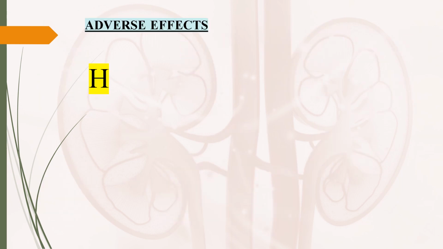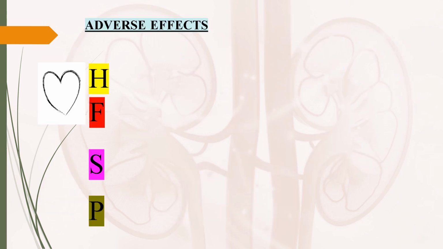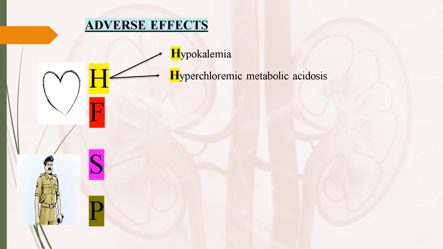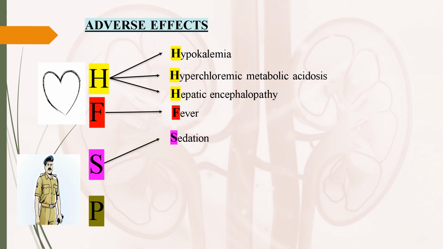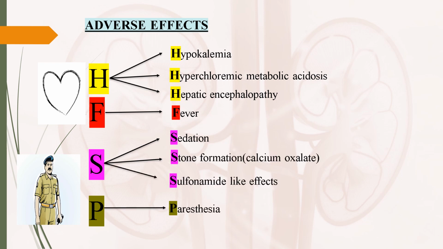Coming to adverse effects, you can remember them with a mnemonic HEART FAILURE and SP, where H stands for hypokalemia, hyperchloremic metabolic acidosis, and hepatic encephalopathy. F stands for fever. S stands for sedation, stone formation, and sulfonamide-like effects. P stands for paresthesia.